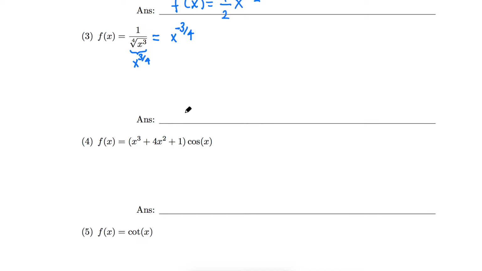So we are going to use the power rule again to find the derivative. So bring negative 3 over 4 in front, and then subtract 1 from negative 3 over 4. Negative 3 over 4 minus 1 equals negative 7 over 4. So this is x to the power negative 7 over 4.